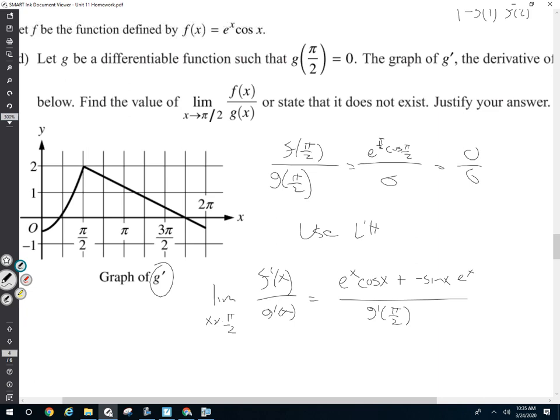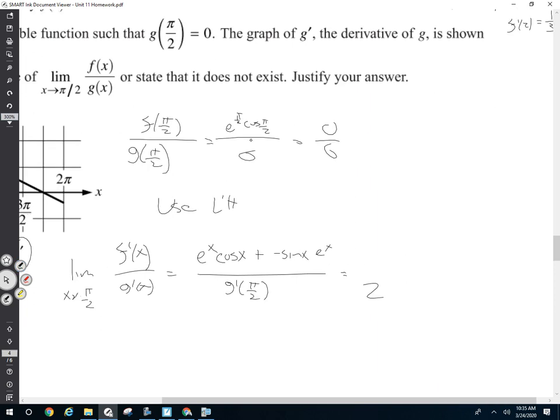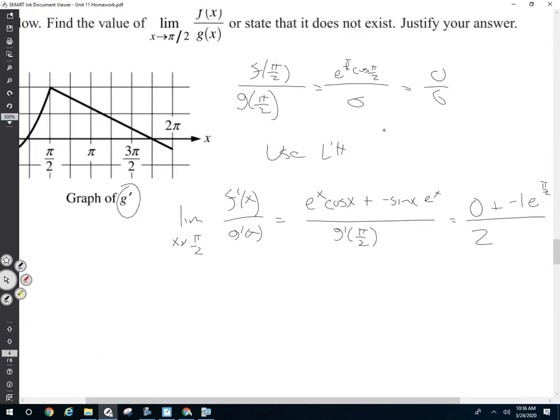If this is the graph of g prime, I don't have to look at the slope. I'm just looking at g prime at pi over 2. That value is 2. And now, if I plug in pi over 2 to the numerator, cosine of pi over 2 is 0. Sine of pi over 2 is 1. So this will be negative 1 times e to the pi over 2. My answer would be negative e to the pi over 2 over 2. Cool?